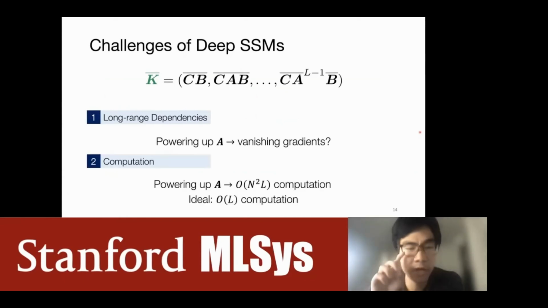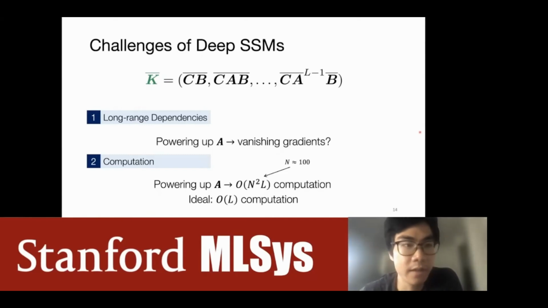And secondly, by powering up this A matrix repeatedly, you're doing a lot of extra work to maintain this state. Here, the sequence length is denoted by L, the state size is denoted by N, and the obvious way of computing this has a large factor of N extra.